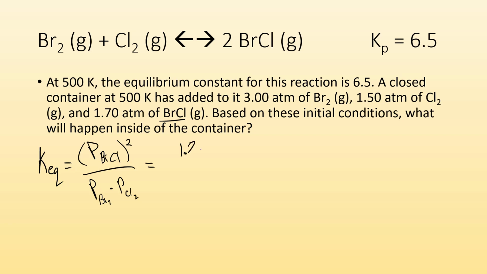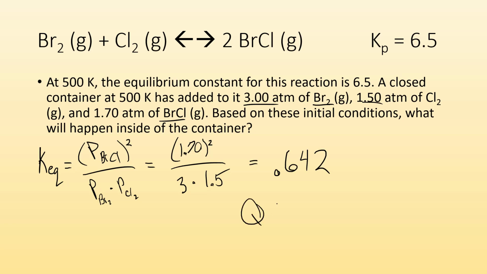So I'm going to have 1.7 squared all over 3 atmospheres of bromine times 1.5 of chlorine, which is going to give me, I cheated, I wrote stuff down, 0.642. So that's my Q, significantly less than my KEQ.